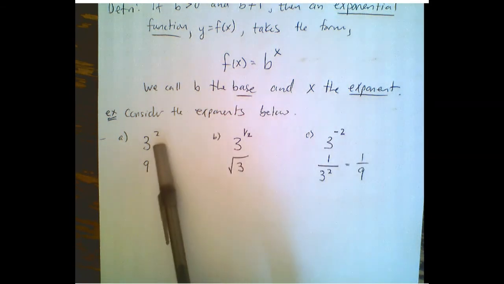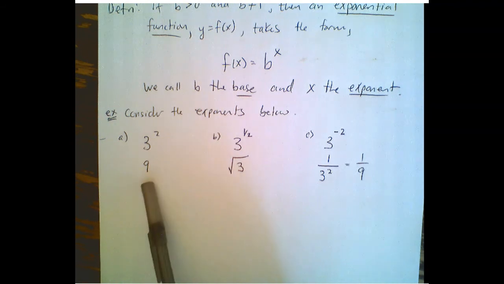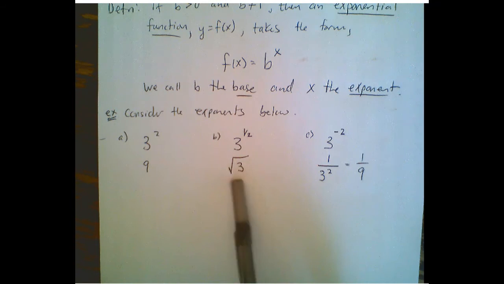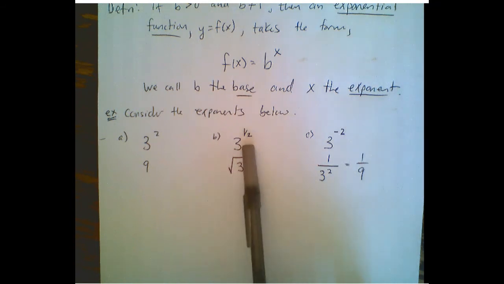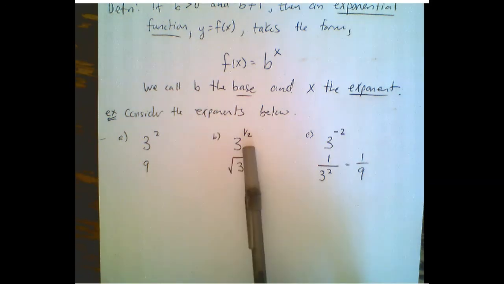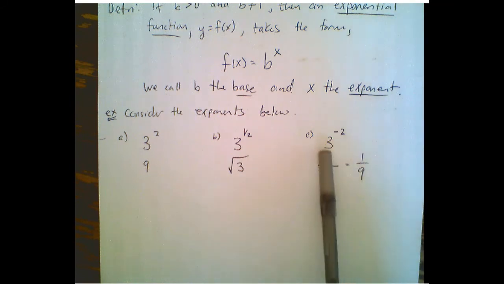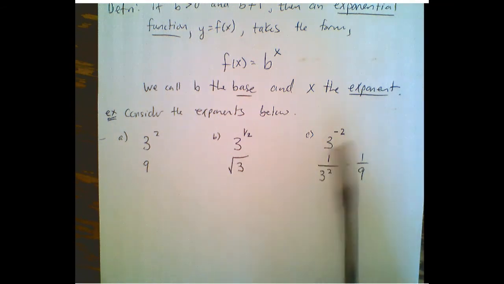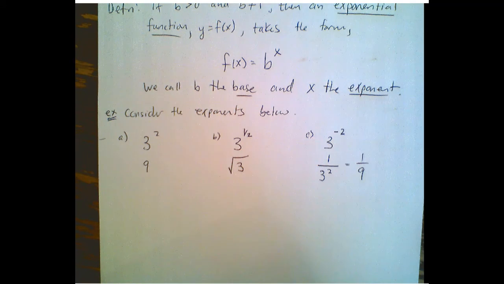So you can see different makeups of these powers do different things. If we have a whole number power, it's just squaring out the 3. 1/2 power is the square root of 3. If we had the 1/3 power, this would be the cubed root of 3. The 1/8 power would be the 8th root of 3. And of course, when we do negative power, it's like the reciprocal of that base raised to the positive power. Okay.